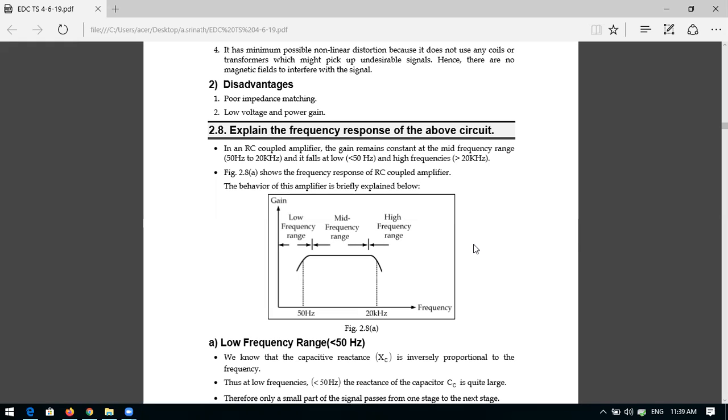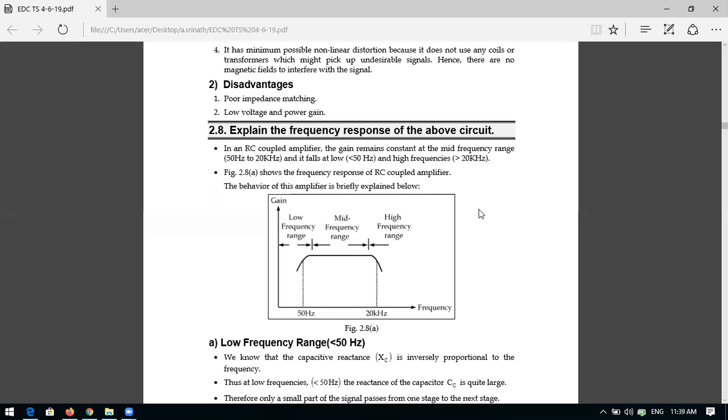Is it clear? In an RC coupled amplifier, the gain remains constant at the mid frequency range. How much range of frequencies? 50 Hz to 20 kHz, and it falls at low frequencies, that means less than 50 Hz, and at higher frequencies, greater than 20 kHz.